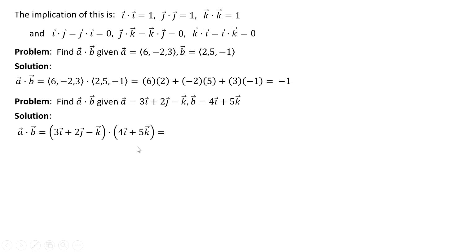So here, what we can do is we can reinterpret this as angle brackets and work with it, where we say this is 3 comma 2 comma -1. And how do we write this guy? Are you with me?